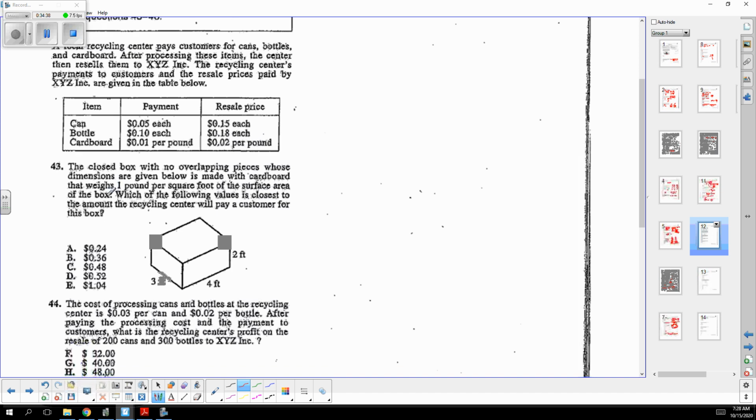Okay. Which of the following is close to what the recycling center will pay for this box? So the closed box is cardboard. They're going to pay 1 pound per surface area. So do the box program and get the surface area.